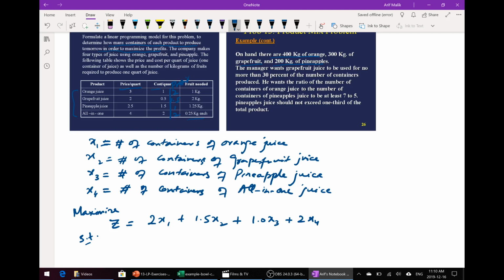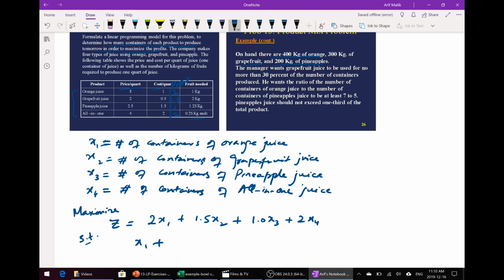For orange, x1 is the number of containers of orange juice. 1 kilogram is needed for making 1 container of orange juice, and about 0.25 kilogram of orange is needed to make an all-in-one container.